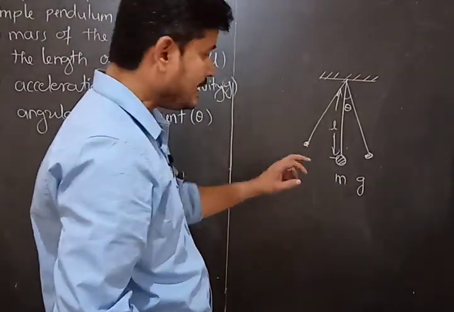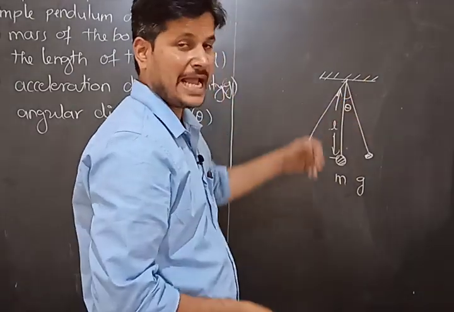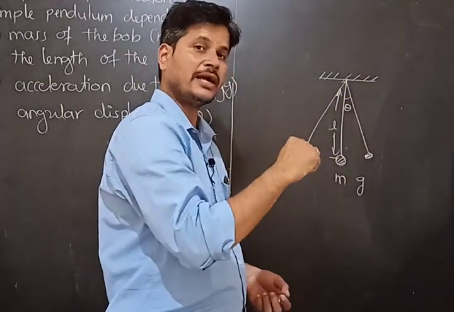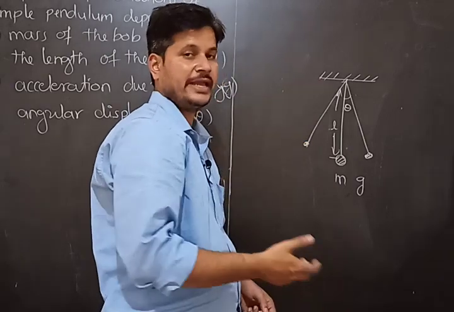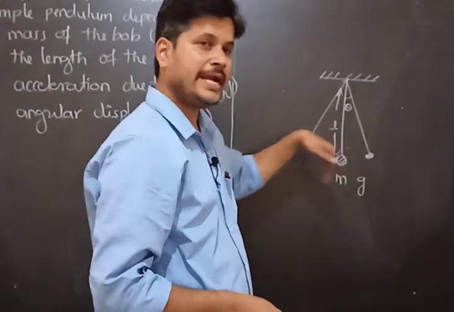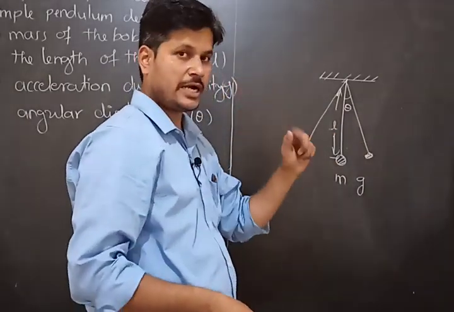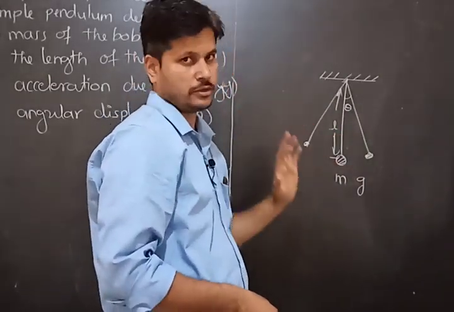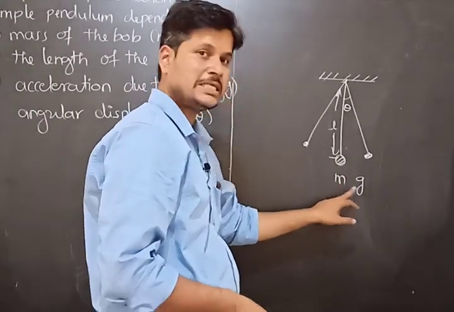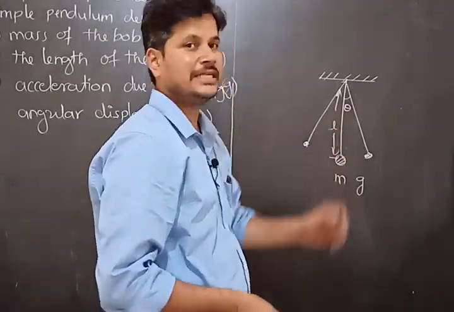Then what is the time period, the time required to complete one oscillation, and on what factors does it depend: mass, g, length and theta.